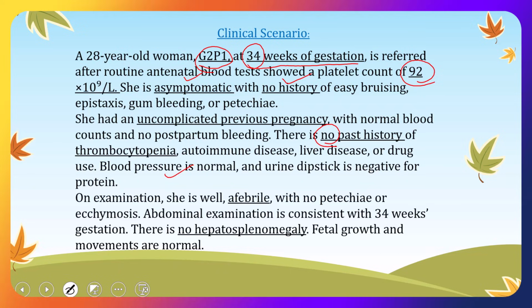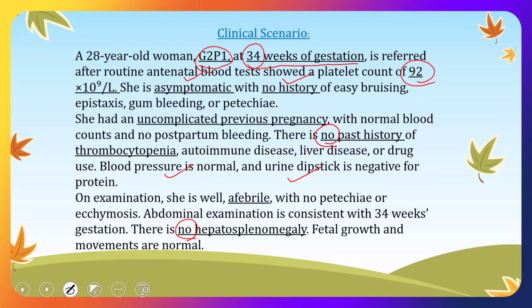Blood pressure is normal and urine dipstick is negative for protein. On examination, she is well, afebrile with no petechiae or ecchymosis. Abdominal examination is consistent with 34-week gestation, meaning there is no element of IUGR. There is no hepatosplenomegaly. Fetal growth and movements are normal.